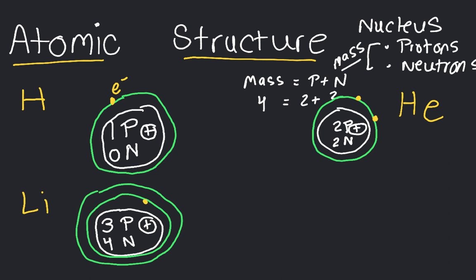So it's got 2 electrons in the first energy level, and then it's got a third. So lithium has 3 electrons, helium has 2 electrons, and hydrogen has 1 electron.